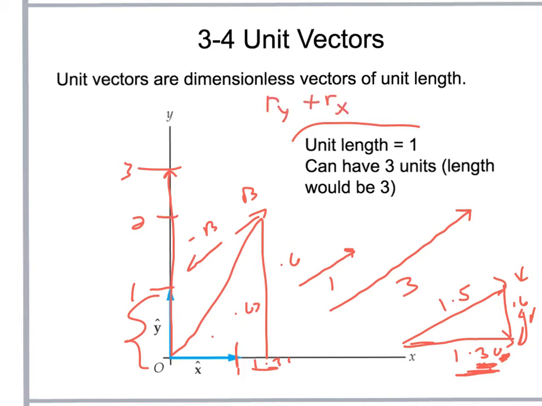so we know right there that we're talking about the y component of r and the x component of r. But when we start plugging numbers in, when we say 0.6 plus 1.36, we lose the directionality.